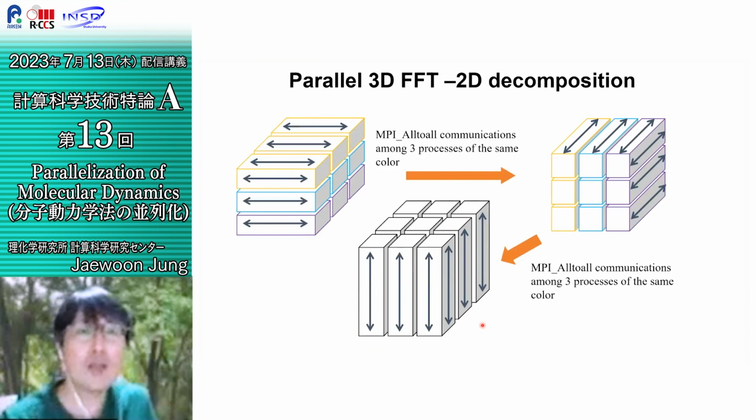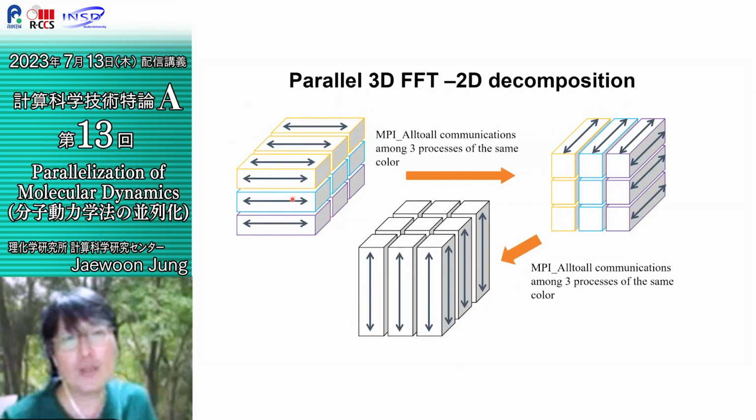Another FFT parallelization widely used in many MD software is 2D decomposition. Each processor has local data like this, this pencil-like one. First they perform FFT in this direction. After that, to perform FFT in this direction, among these three processors, we need MPI all-to-all.